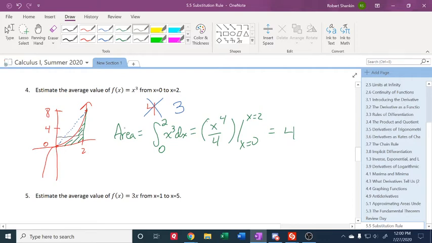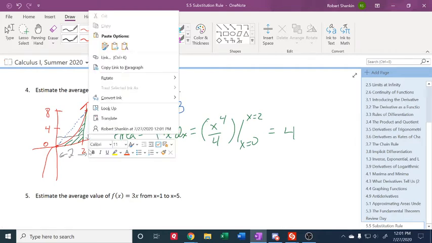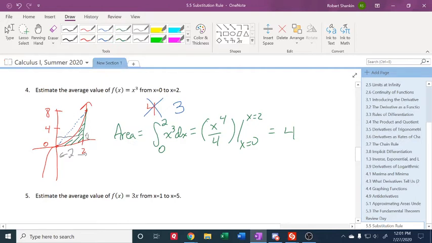Now, since we know the area of the green is 4, and we know the width of this rectangle is 2, then this height must also be 2. 2 times 2 gives me the area of 4.